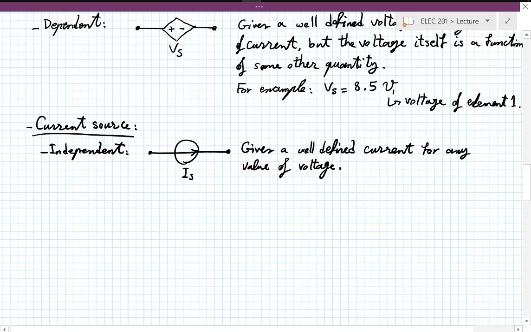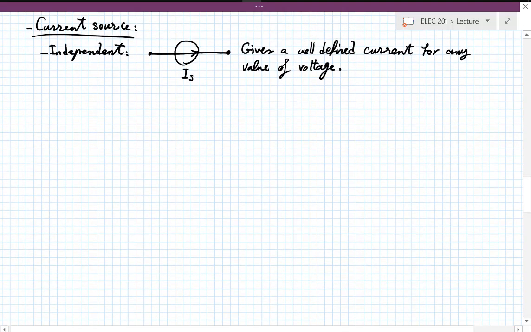Let me just finish this. Its symbol is again a diamond.